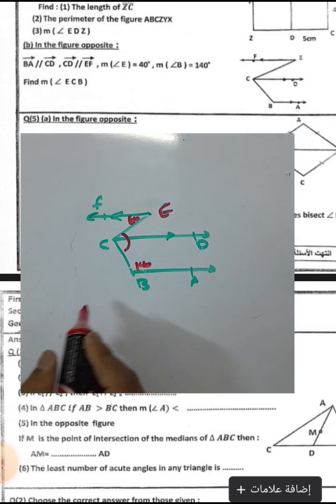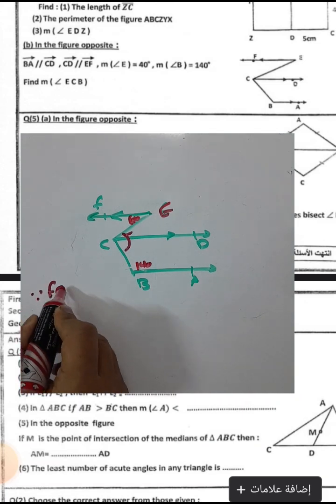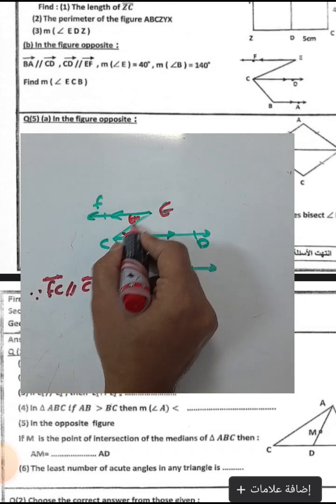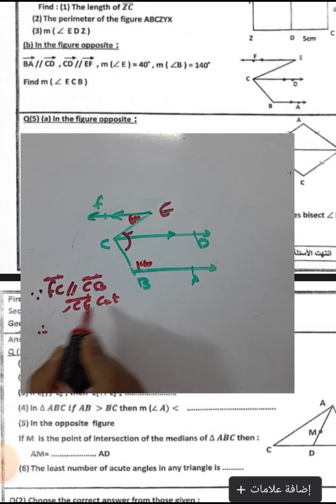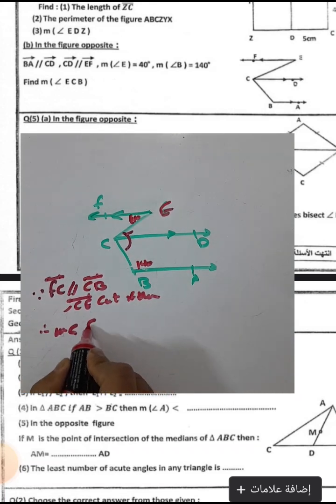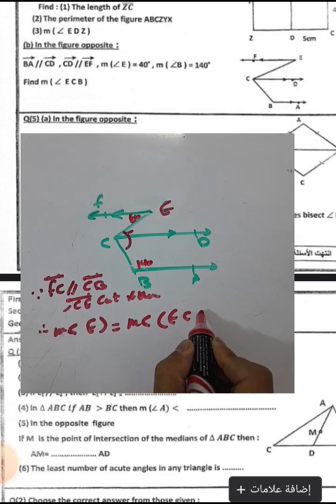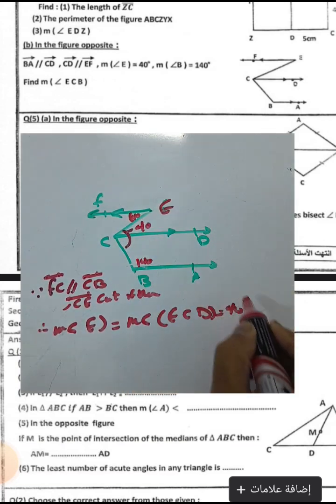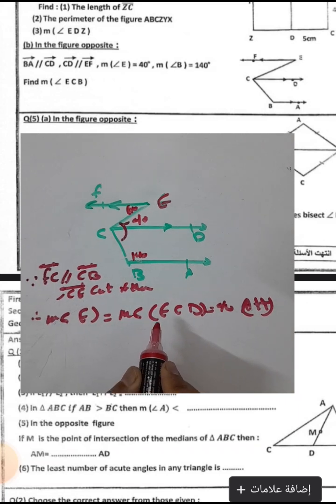We can find the measure of this angle because EF is parallel to CB and EC cuts them. Then the measure of angle E will be equal to the measure of angle ECD. This angle will be equal to 40 degrees. We call it alternate angles.